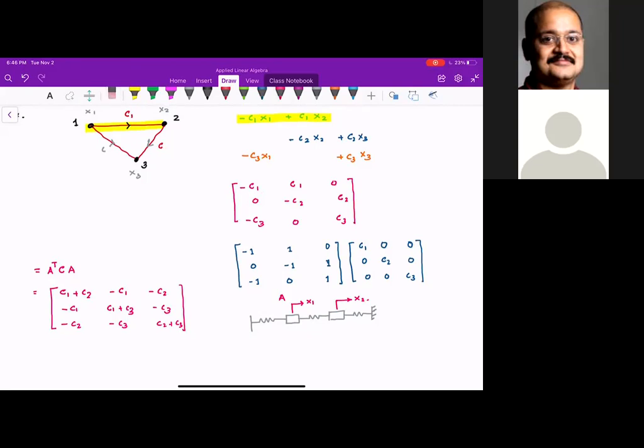Yeah. C2 and C3. So then this will become C3. This will become C2. How do you get the correct and same answer? Okay.